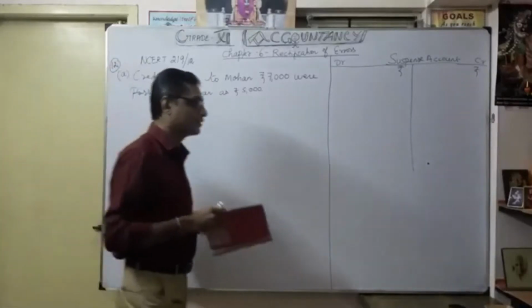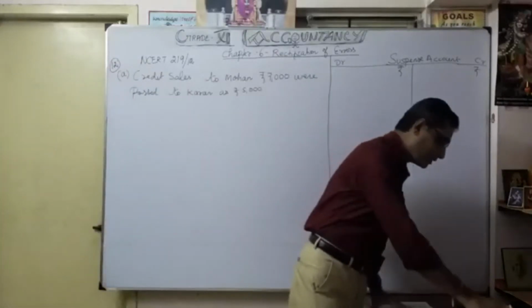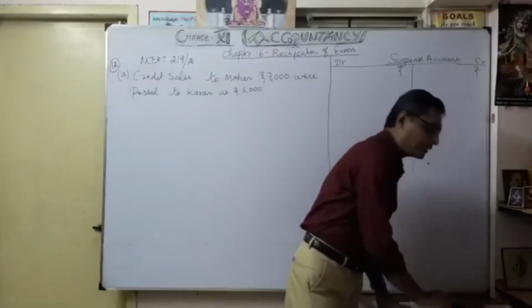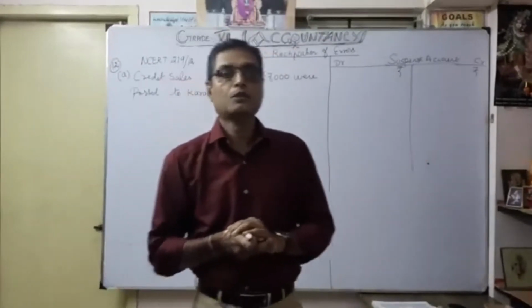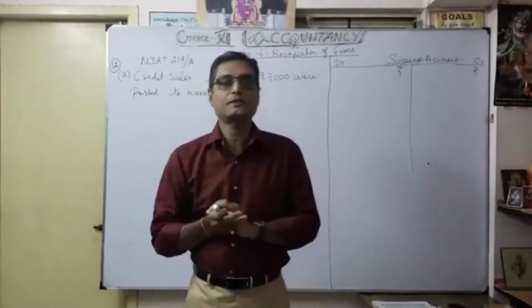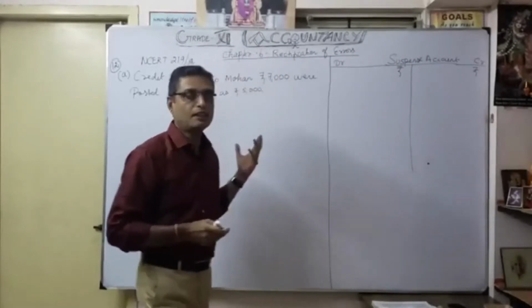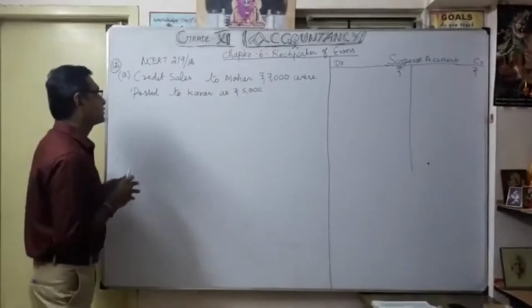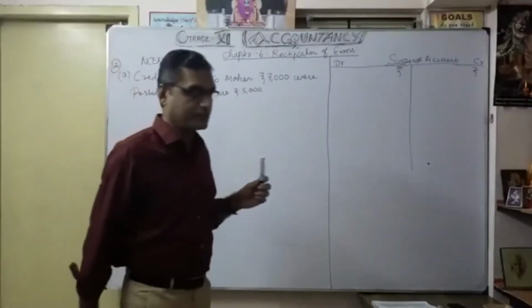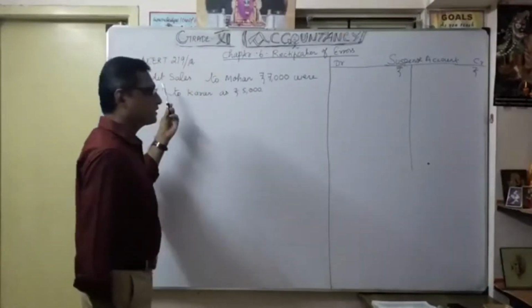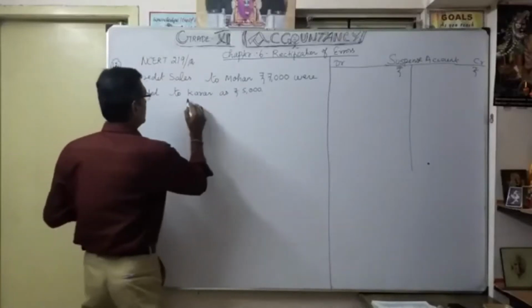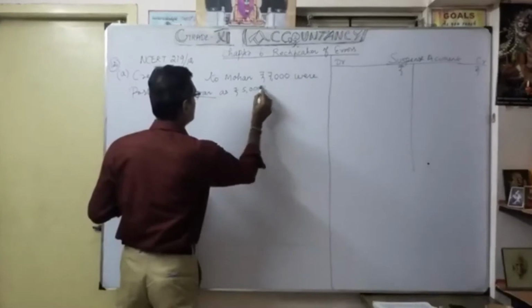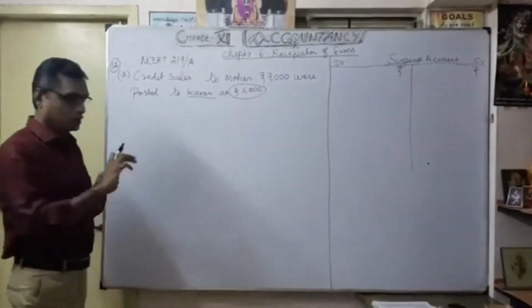What type of error is this? It could be error of commission or omission, or error of principle, or compensating error. You want to identify which type of error. Mostly here it's an error of commission. They made two mistakes. One is that we made credit sales to Morgan, but posted to Current, and the amount also was 5,000.